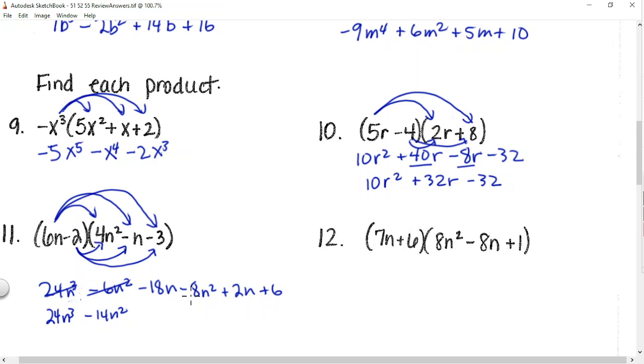Cross those off. And then we look at the n's. We have negative 18n and plus 2n. So that's negative 16n. So we can cross those off. And 6 is the only thing left, plus 6. Okay, so that is the answer.